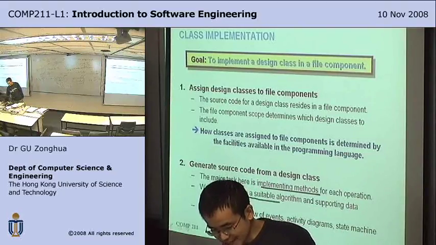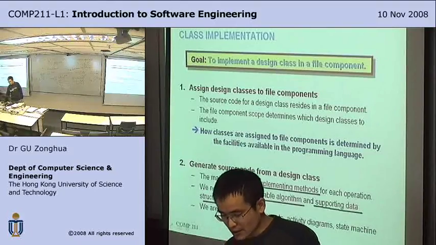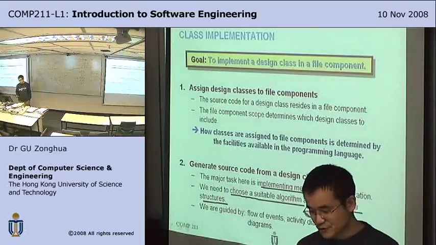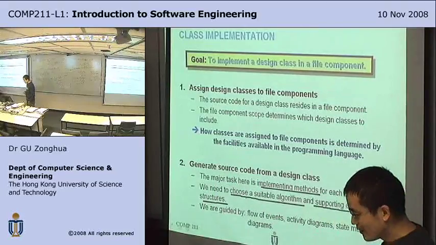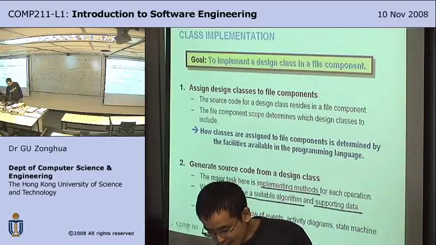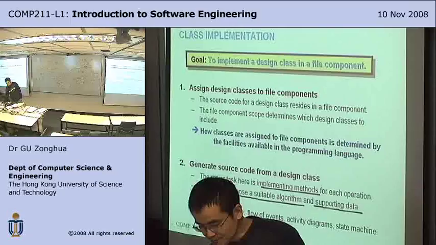Choose a suitable algorithm and supporting data structures. If you have a sorting operation, then perhaps if you choose quick sort, it's faster than bubble sort. We're guided by the flow of events in the use case model.